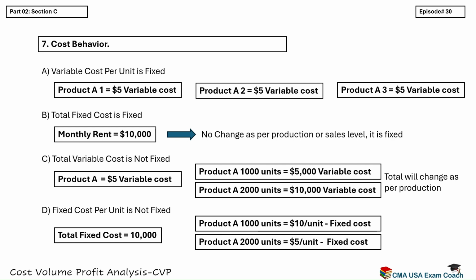That's why we say fixed cost per unit is not fixed. Only the total fixed cost stays the same. In summary, CVP analysis assumes variable cost per unit stays constant, total fixed cost stays constant, but total variable cost changes, and fixed cost per unit changes. These cost behavior assumptions are very important because they help simplify the CVP model and make decision-making easier for management.